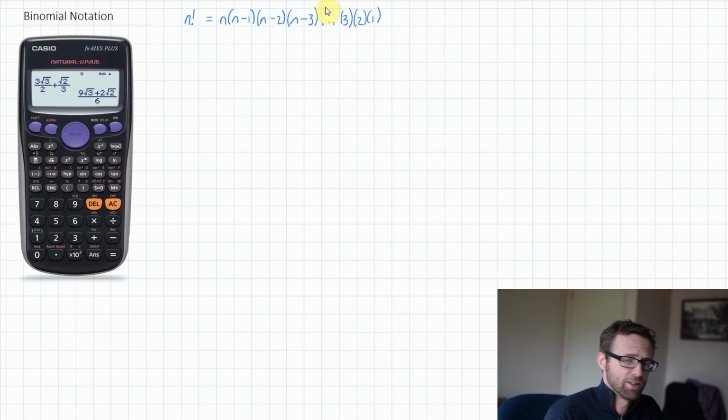Now, let's start off with some simple factorials. So why don't we do 1 factorial? That exclamation mark, we just say factorial.